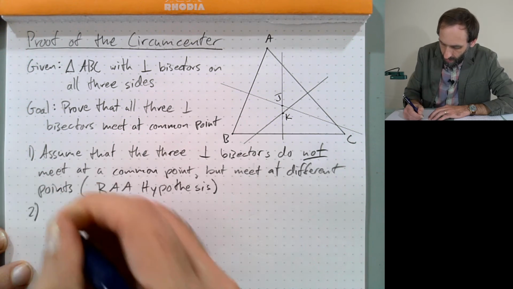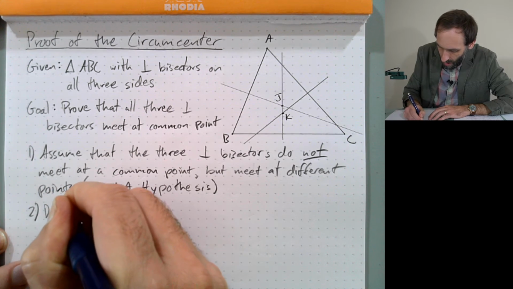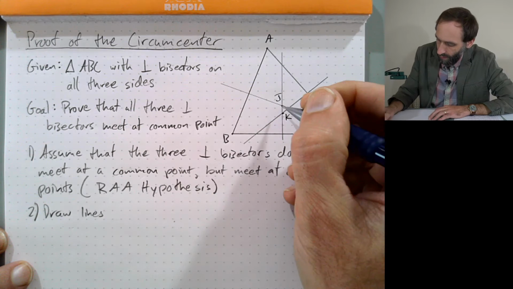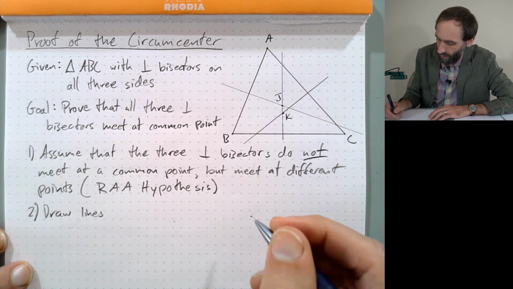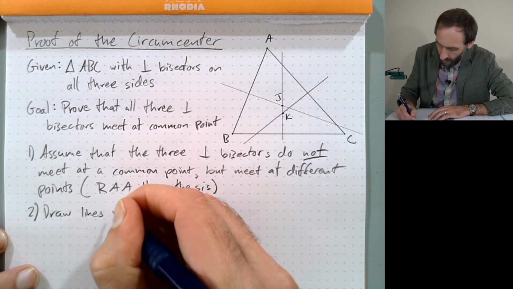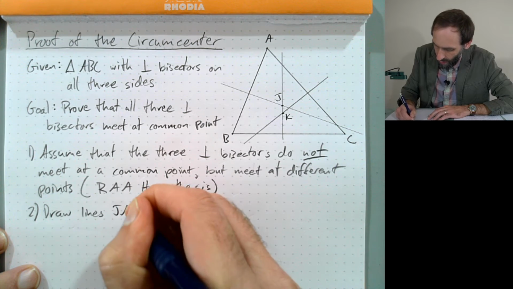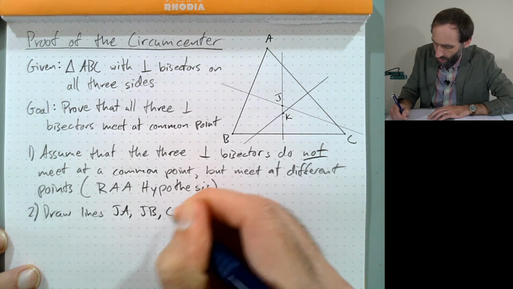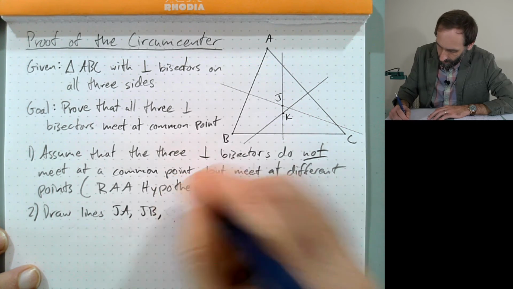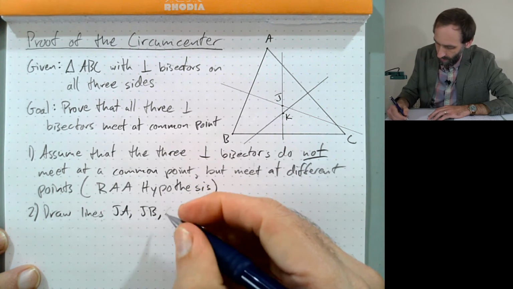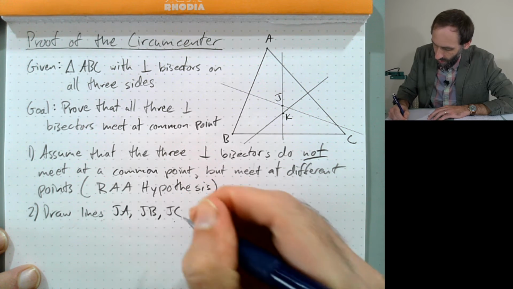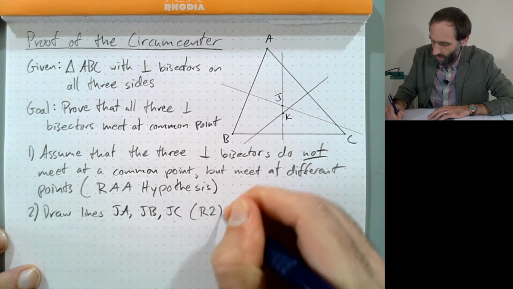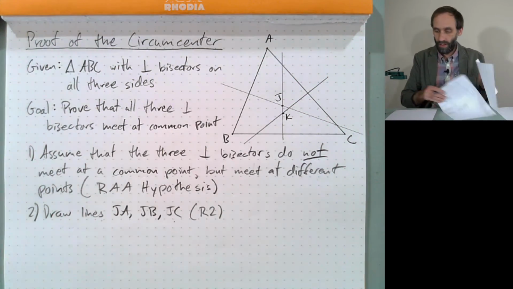All right, so step two is going to be to draw the lines connecting J to the three vertices of the triangle. So draw the lines JA, JB, and JC. I could have written CJ. It doesn't matter. It's the same line that I'm talking about. And of course, this is rule number 2 from our axiomatic system.